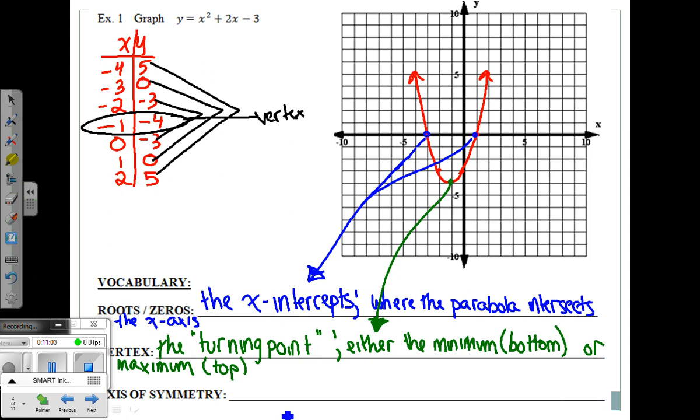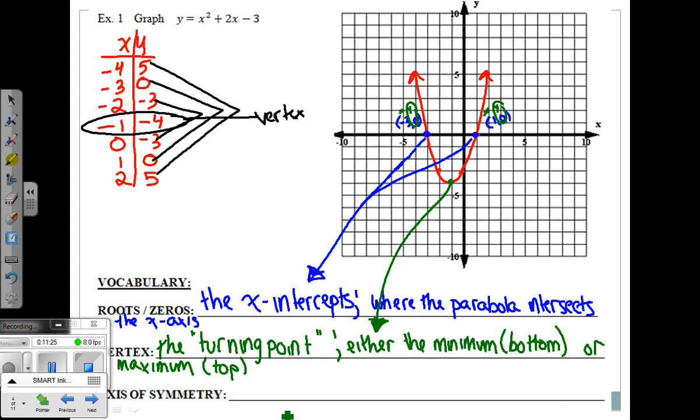Not only that, if you think about the coordinates of this root right here, that's the point 1, 0. And this is the point -3, 0. So notice how the y values are always 0.